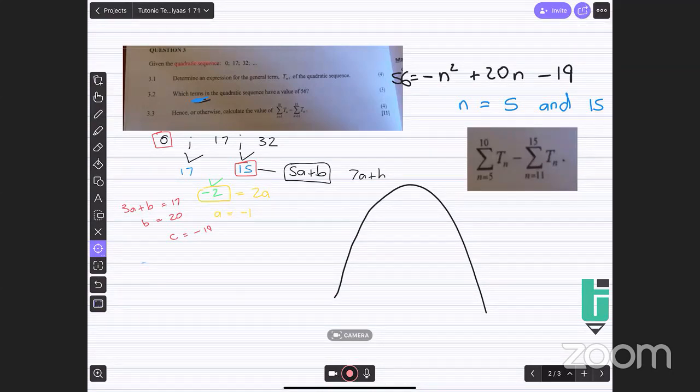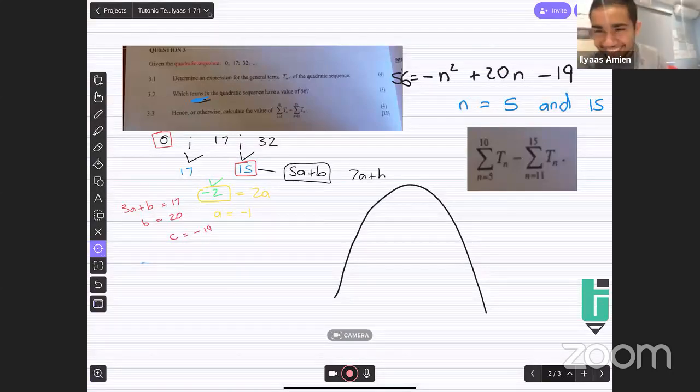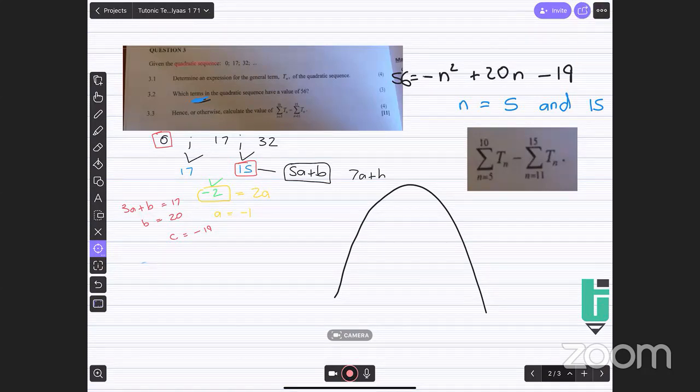I guess we have to find the sum of the one term, and then find the sum of the other term, and then subtract both.